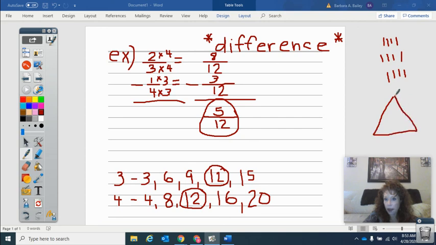So we call that a fact family, where there's a relationship between 12, 3, and 4. Okay, so none of these numbers are so big that we can't do tally marks. It's very quick, very easy. We can find our multiplication and division facts.